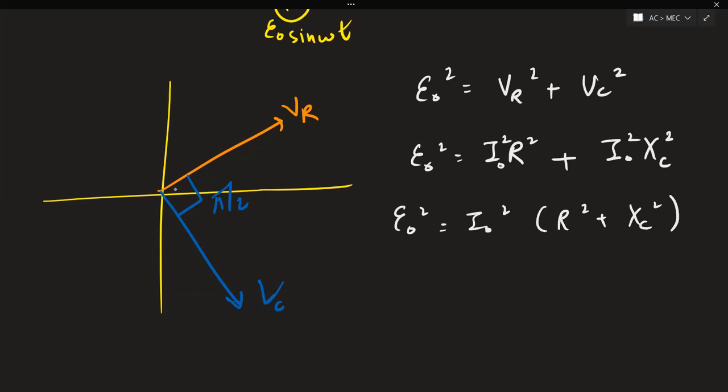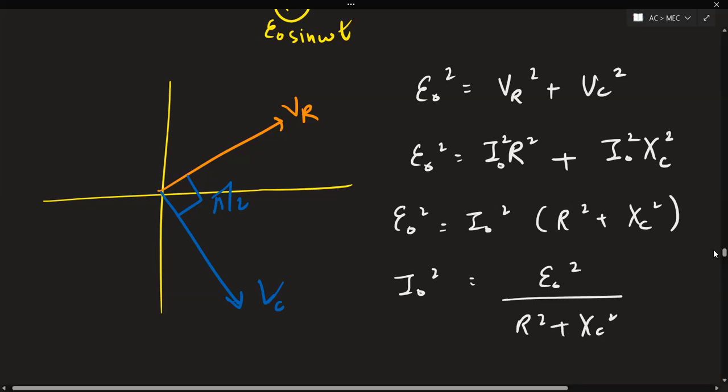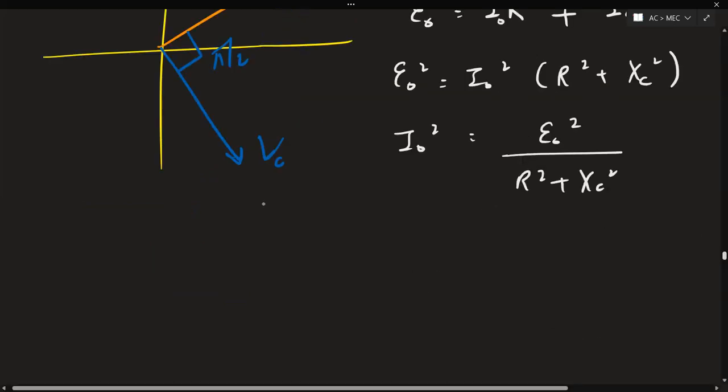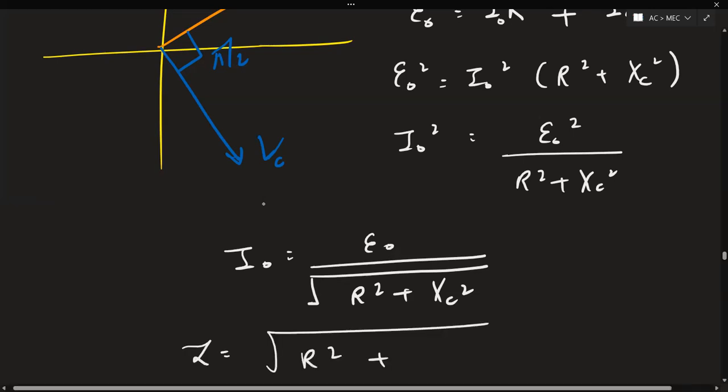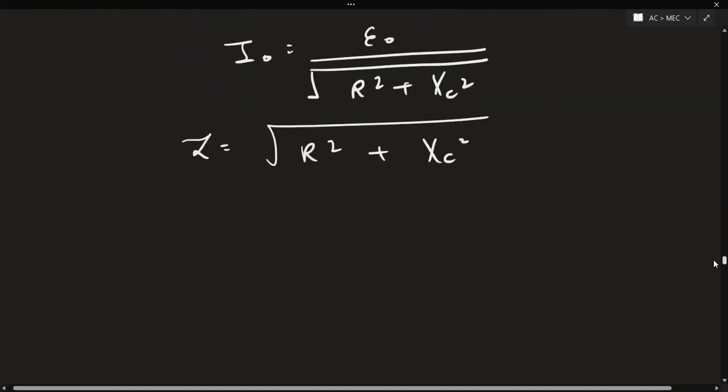From here, I naught square can be written as E naught square divided by R square plus XC square. Now from here, I naught will be equal to E naught divided by under root R square plus XC square. Right class? So Z will be equal to under root R square plus XC square. So all the components of inductance have been removed, and instead capacitance has been added.